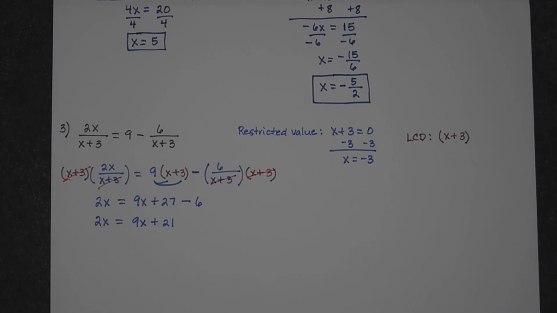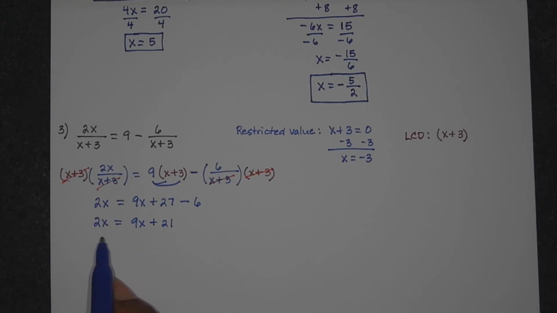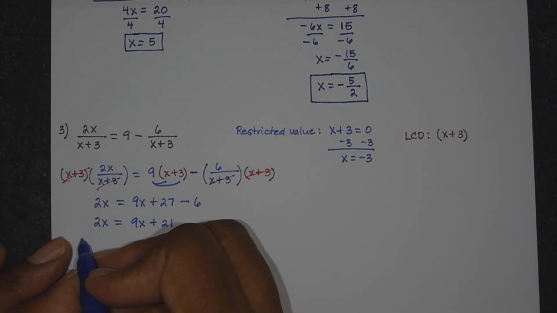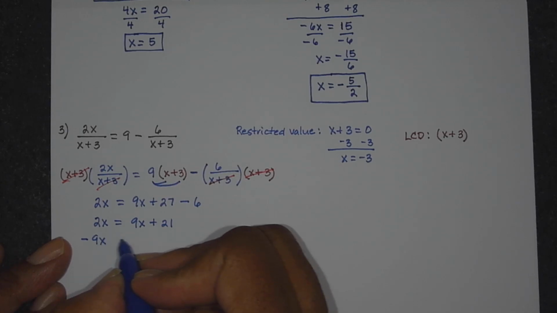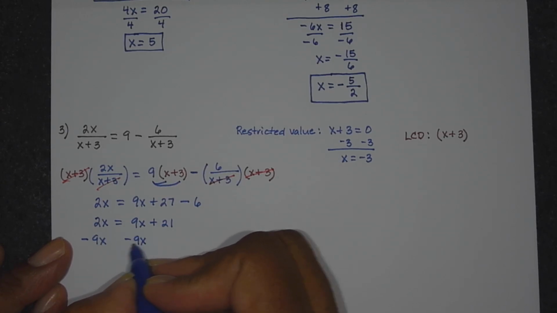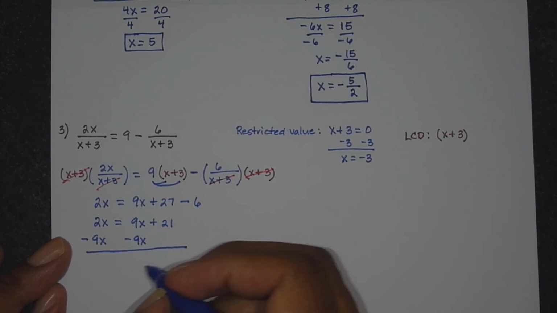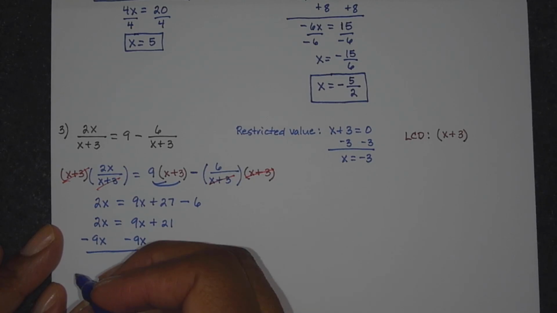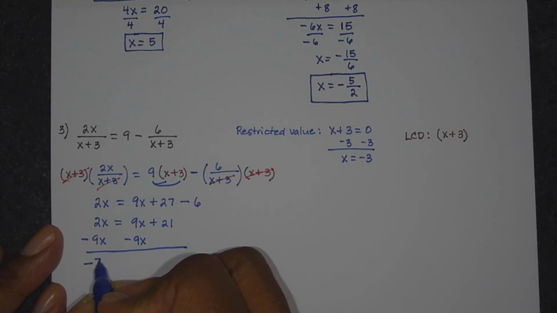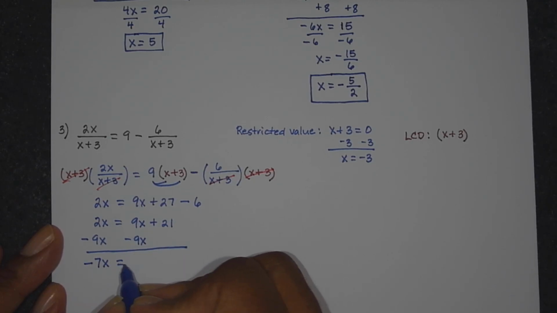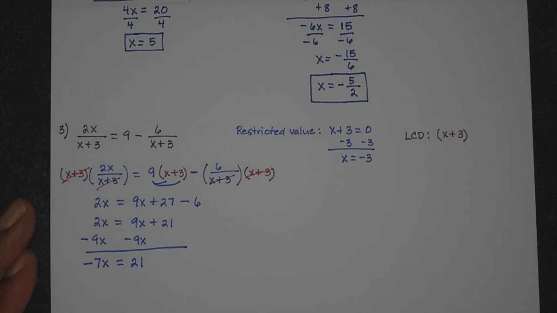Now let's get the variable terms on one side of this equation. So here I need to move that 9x over to where 2x is by doing what? You have to subtract 9x on both sides. So now we got 2x minus 9x, that's negative 7x, and that's equal to 21.